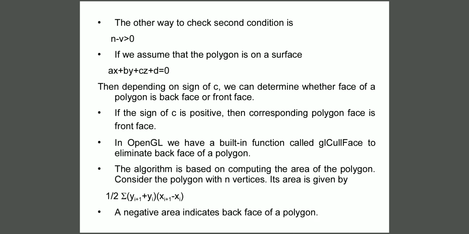If the area is a negative value, then it indicates the particular face of a polygon is not visible to a user. If the area is a positive value, then we can say that particular face of a polygon is visible to a user. This is regarding back face removal.